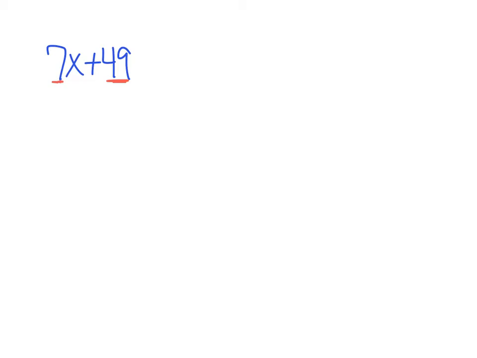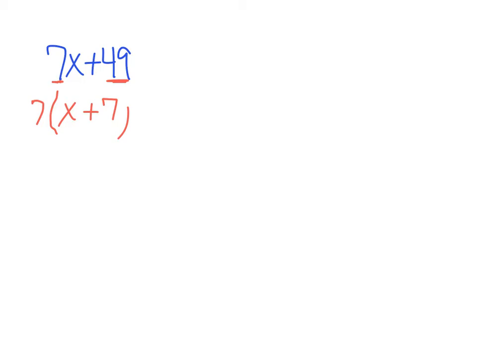If we think about that, hopefully the number you would come up with is 7. And so I'm going to write a 7, and then I'm going to start a parentheses. Now what goes in the parentheses is what would be left after I divide everything by 7. So if I take the 7x and I divide by 7, I'm only left with x. If I take the 49 and I divide by 7, then I'm left with 7. So this would be 7 times x plus 7.